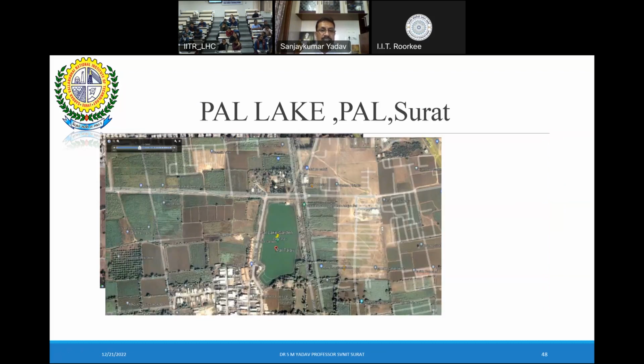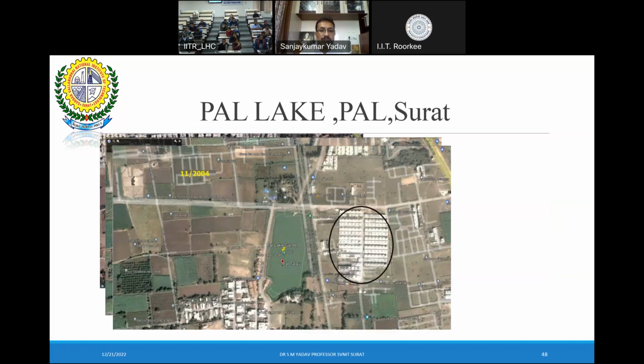This is 2000, the urbanization on either side of the pond. This is 2004. Slowly the urbanization has increased. In the black circle shown here, the urbanization has come up. The societies and apartments have come up on the right side of the pond.